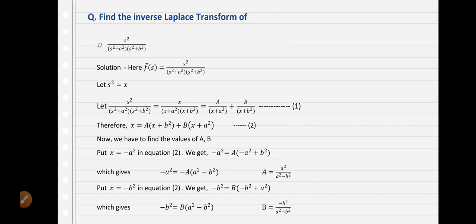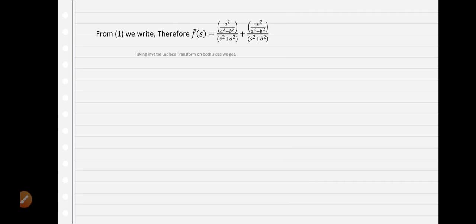So now you have got the values of the two constants A and B. So we will write f bar of s as a sum of partial fractions using the obtained values. So this is your f bar of s in simplified form, and see here x is not written, instead x is resubstituted by its original value s square. Now you have to take inverse Laplace transform on both the sides.